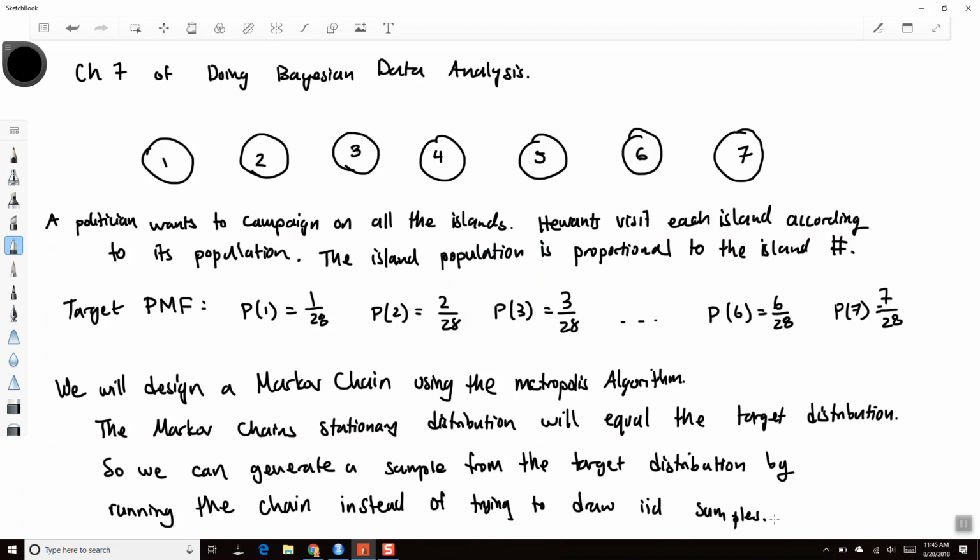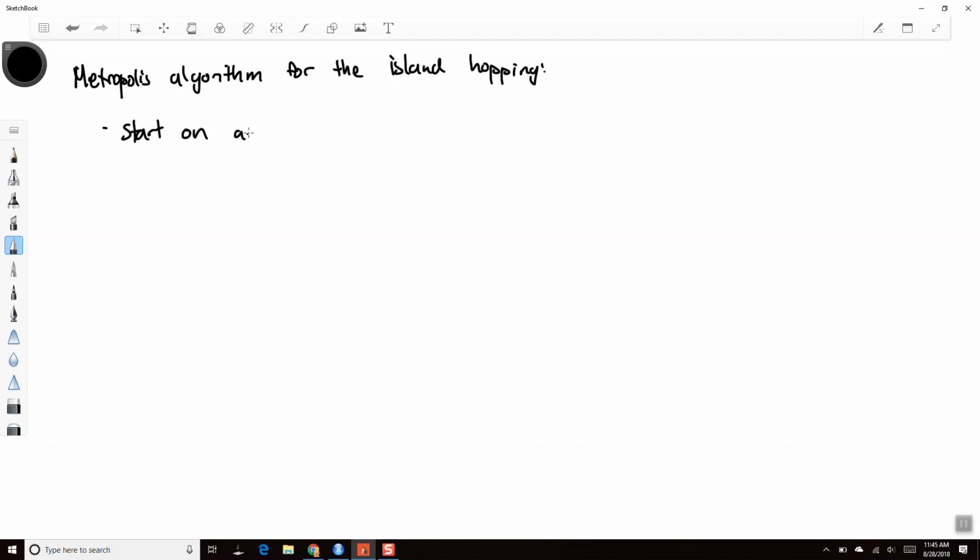Okay, so how do we apply the Metropolis algorithm, right? The Metropolis algorithm for the island hopping. Okay, so we will just start on an island. Okay, this will be our current state.